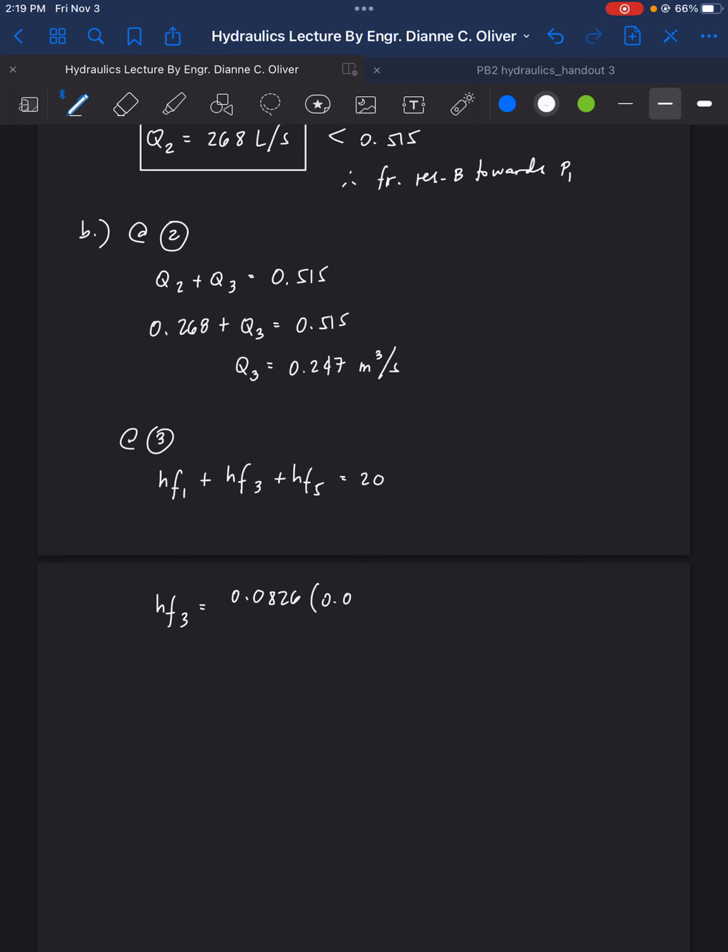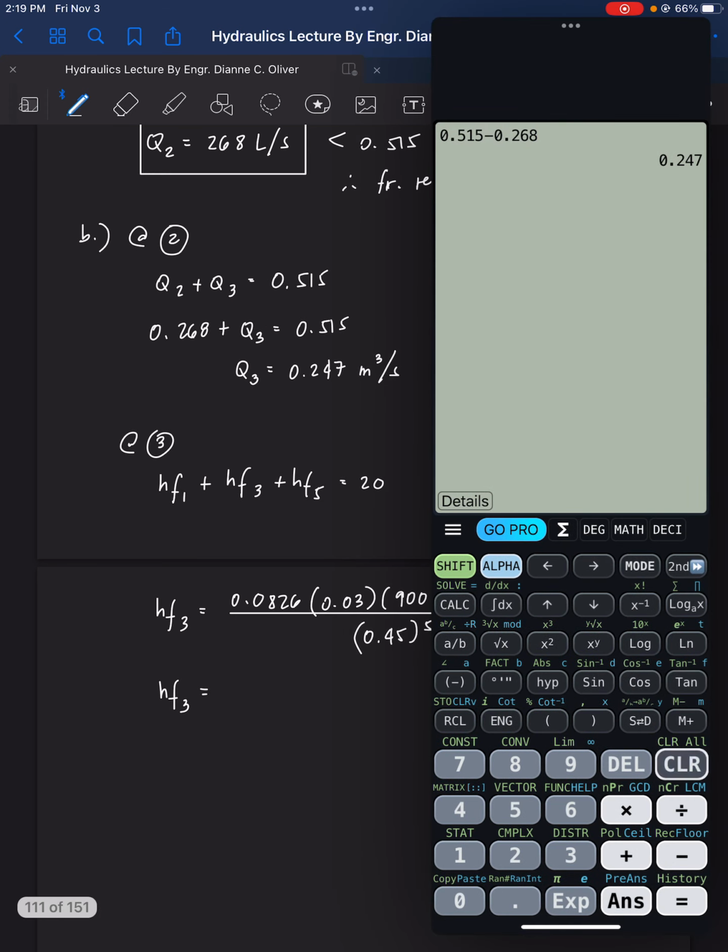So 0.03, length of 900, Q of 0.247 squared all over the diameter 0.45 raised to 5. So HF3 is equal to 0.0826 times 0.03 times 900 times 0.247 squared over 0.45 raised to 5. So HF3 is 7.37.